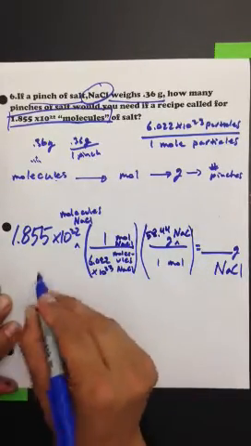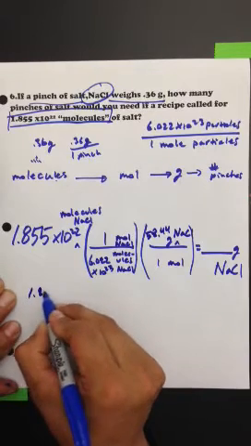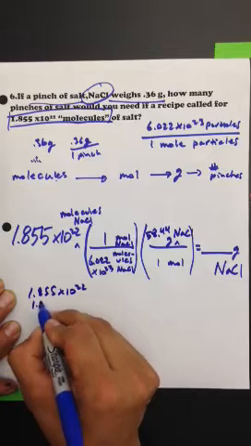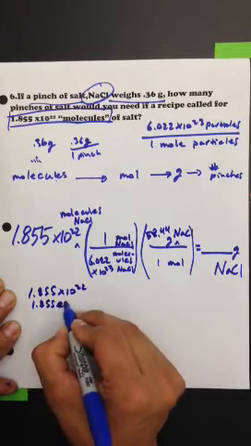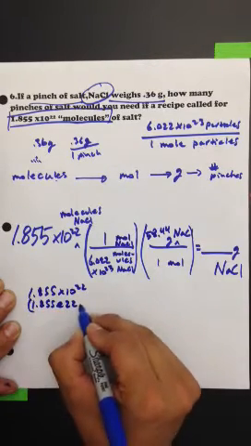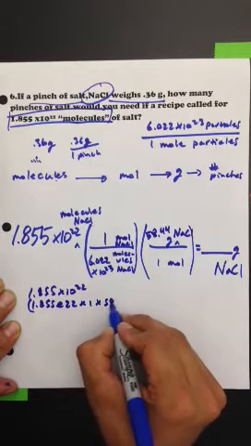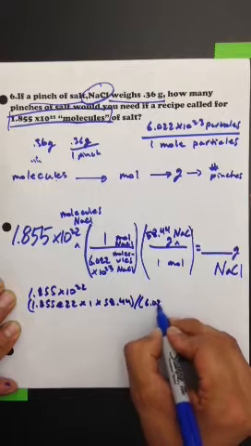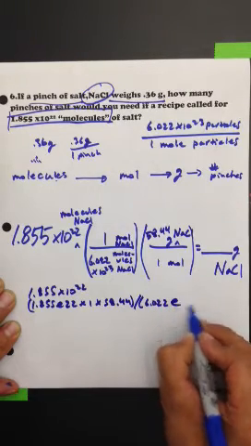Do the math. In your calculator, something like 1.855 times 10 to the 22nd, or even better, 1.855 e to the 22nd times 1 times 58.44 in parentheses divided by 6.022. Use the e, folks.